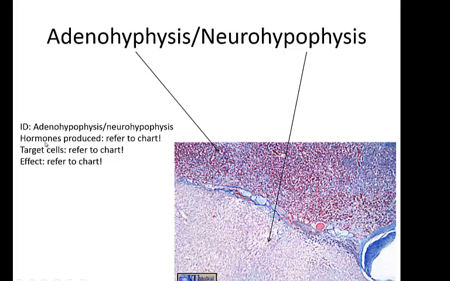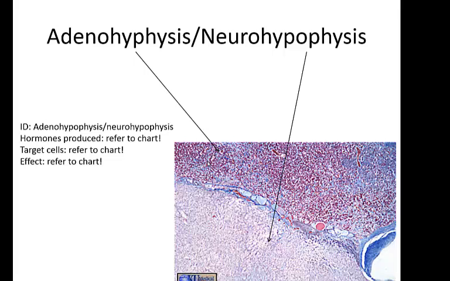The target cells for that one would be the gonads, and the effect would be the production of gonadal hormones, like estrogen and testosterone, and it also stimulates ovulation. So that's luteinizing hormone. And that is our last one, I think.